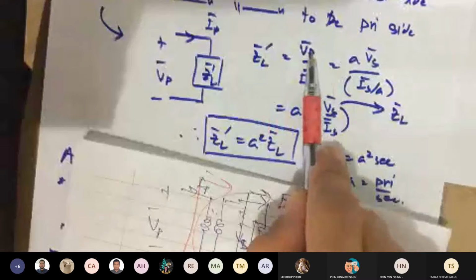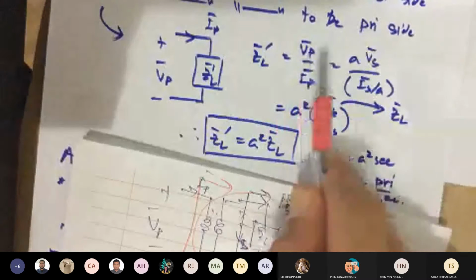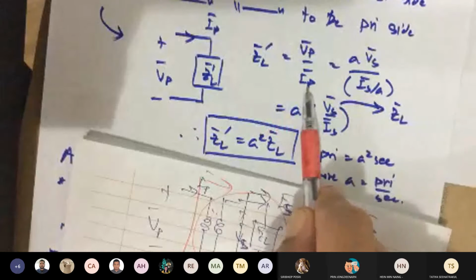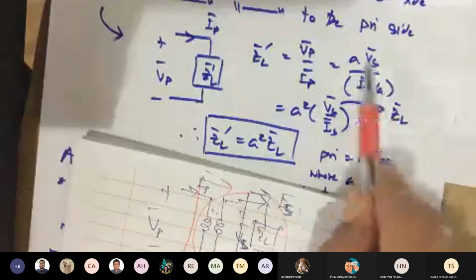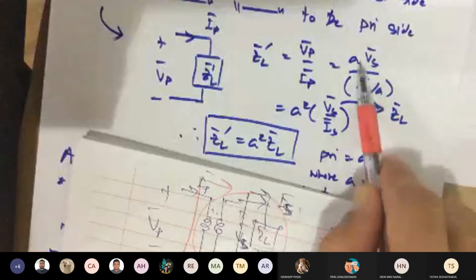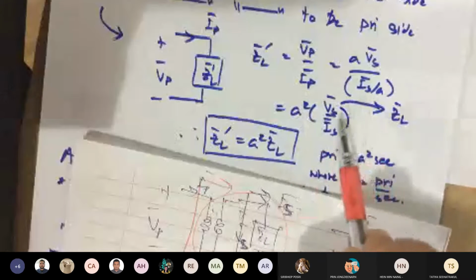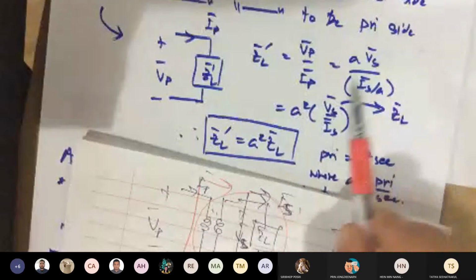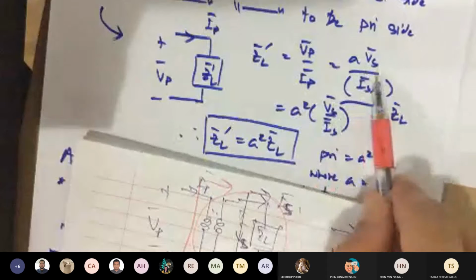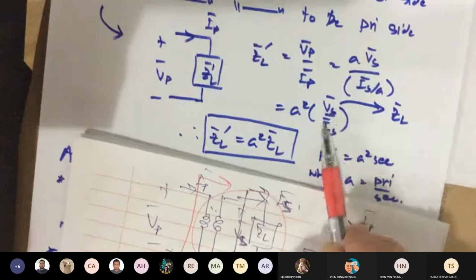Then what do I do? I manipulate VP in terms of VS, which is A VS. At the same time, I also manipulate IP in terms of IS, which is IS over A. If you do this, A would not cancel. It turns out that the whole thing is going to become A squared VS over IS. Okay, make sure you understand what we're doing here. Okay, and if you look carefully, your ratio of VS over IS is actually ZL.